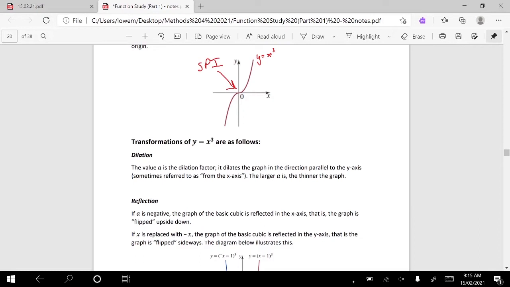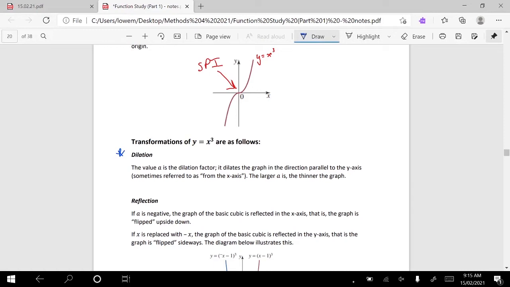Now, this simple cubic function with a stationary point of inflection can undergo transformations just like the quadratic, the parabola, can. We've thought through the transformations of y equals x squared as dilations, reflections and translations. Well, we can do the same thing with our simple basic cubic of y equals x cubed. As we saw with the quadratic, the simple cubic can be transformed with dilations.